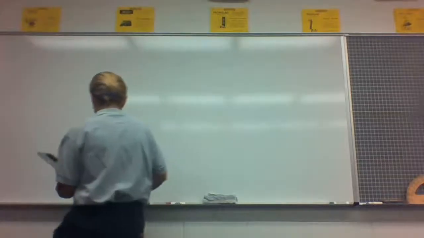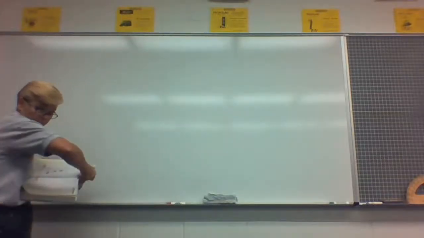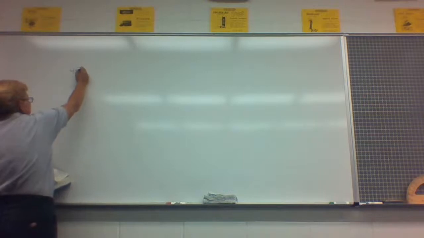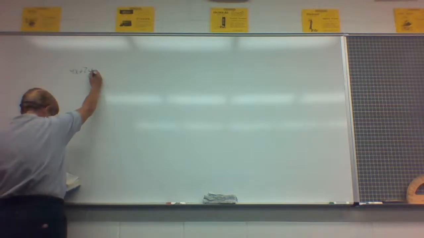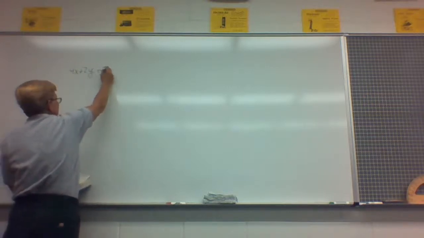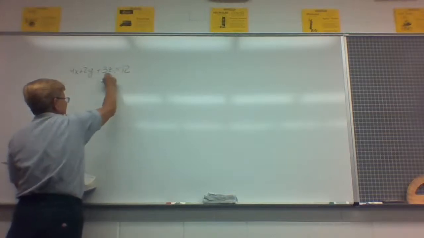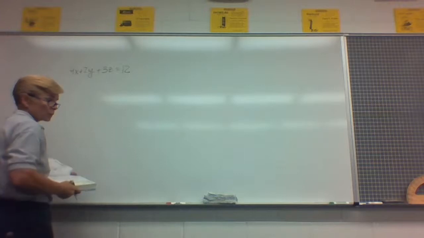So, first system to solve. 4x plus 2y plus 3z equals 12. X plus 2y plus 3z. The reason why I always cross my z's is because my z's look like 2's. You may want to adopt the habit as well.